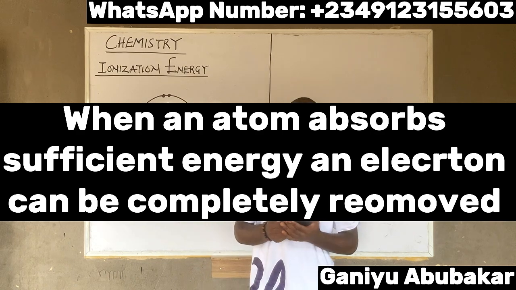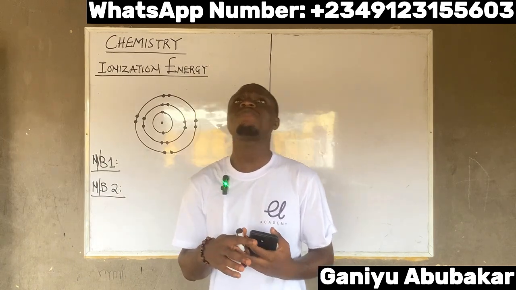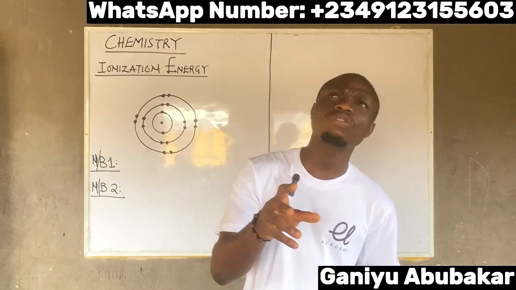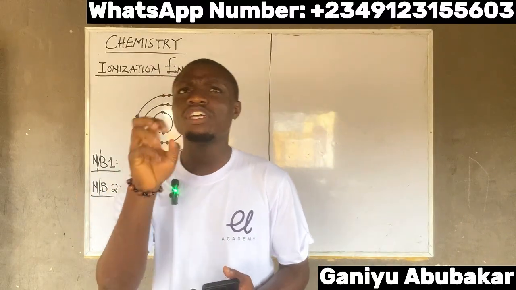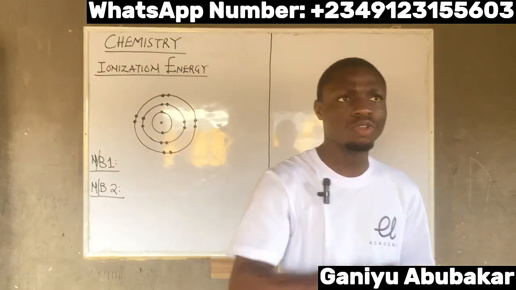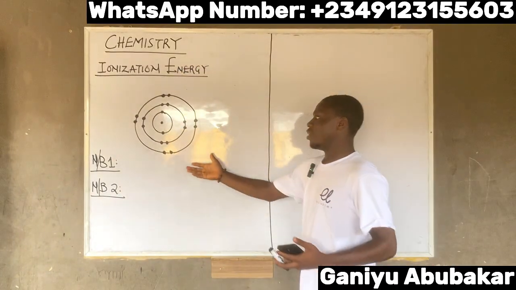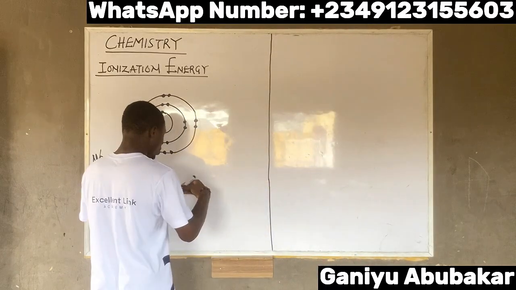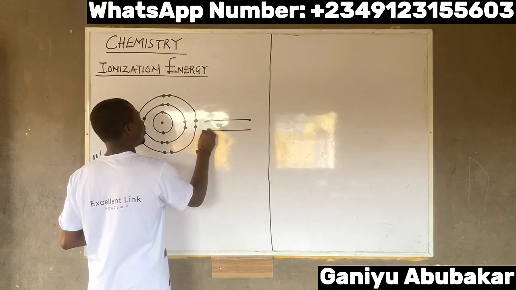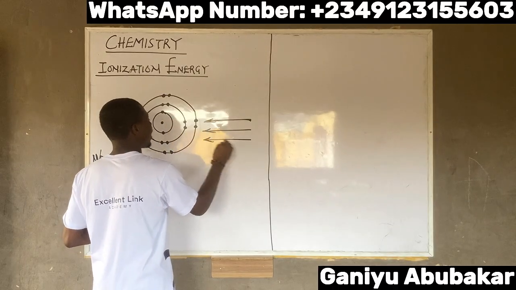So what do I mean? From what I just gave you for number two, it is possible to channel energy into an atom. If I have an atom this way, it is possible for me to bring sufficient energy into this atom.